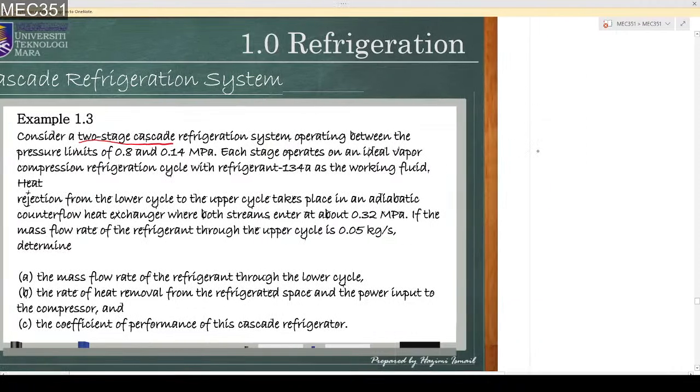The first thing you have to do is sketch or draw the TS diagram like this. Okay, so we have the saturation dome like this. Now we have 3 lines of pressure.